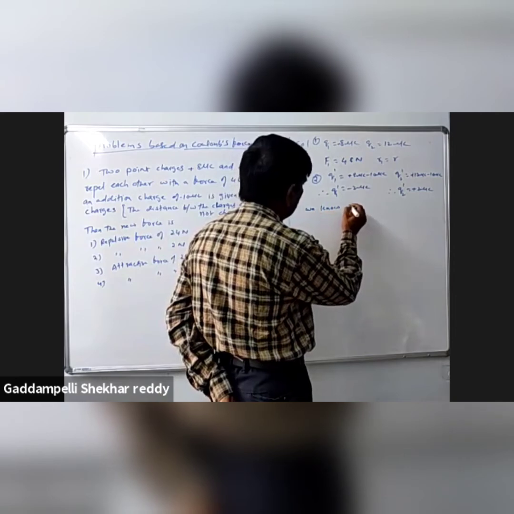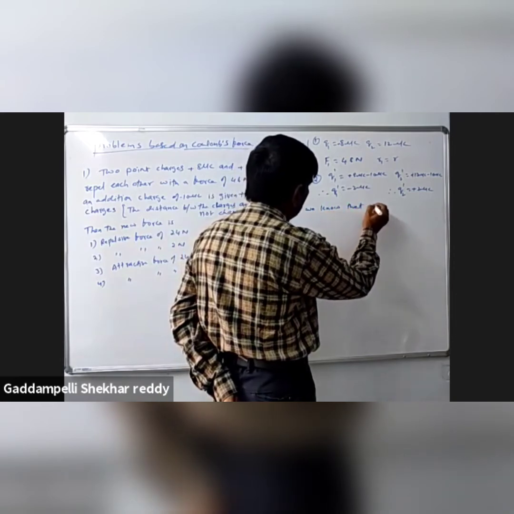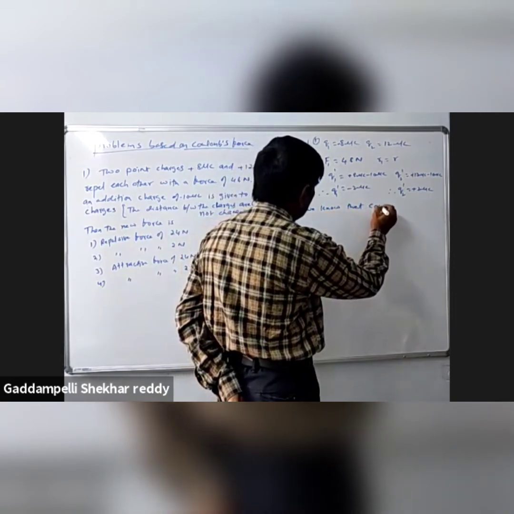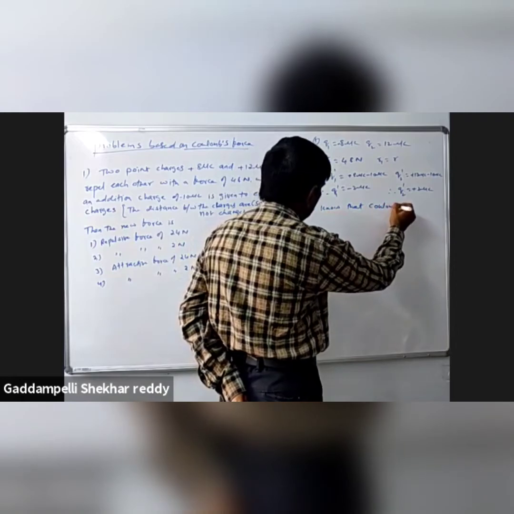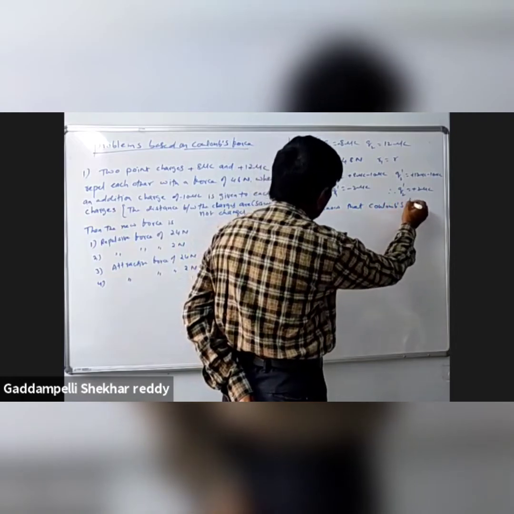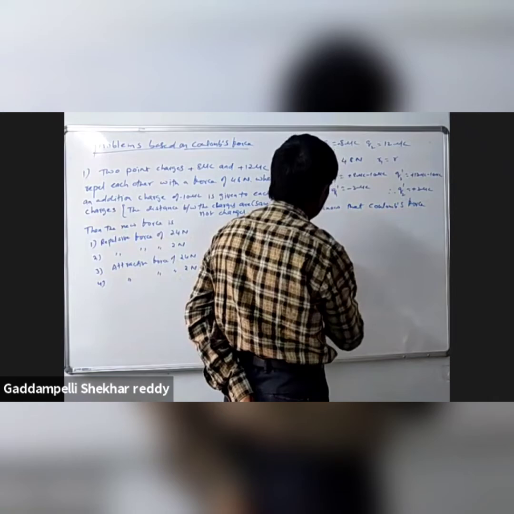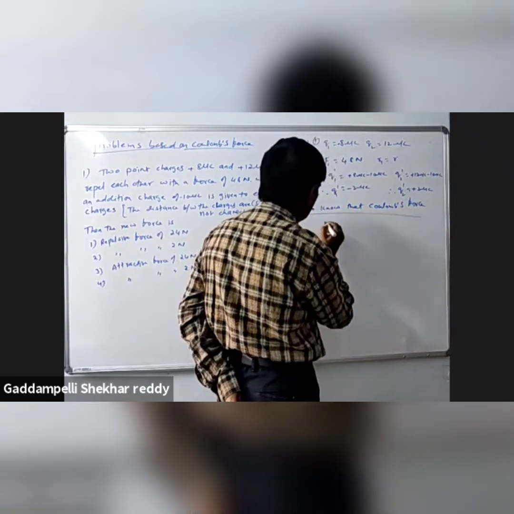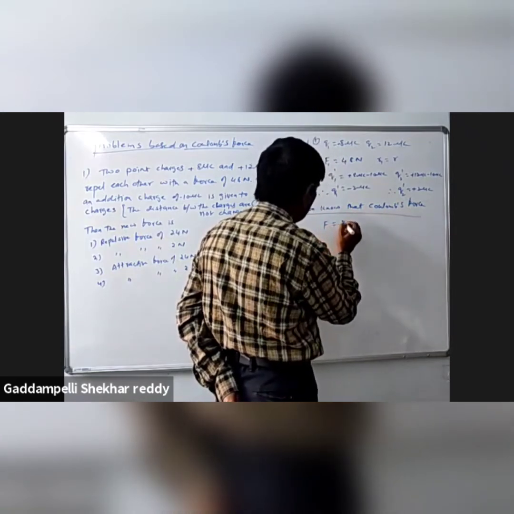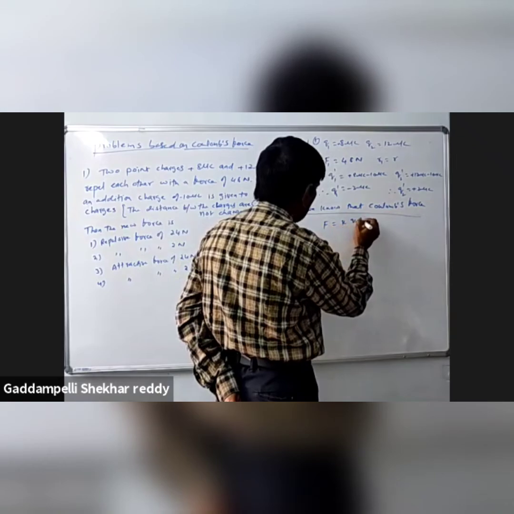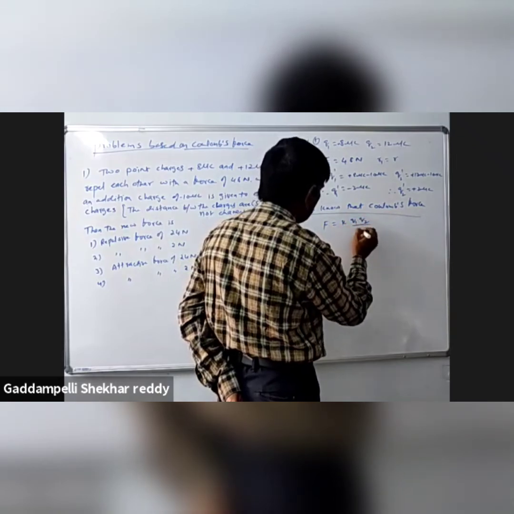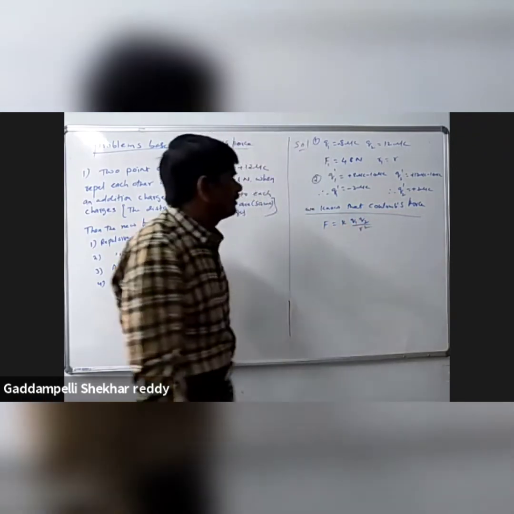We know Coulomb's force: F is equal to K Q1 Q2 by R squared.